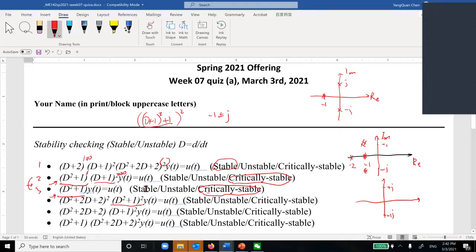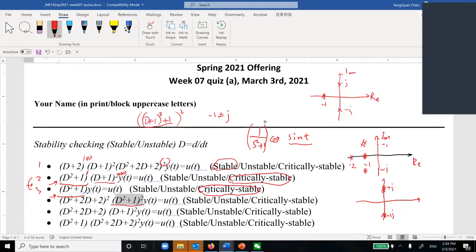Number 4, we have this one. This is a complex conjugate pair on the imaginary axis. You have one pair, but with multiplicity 2 here. That already makes my system unstable. Why? Because you remember, this is linked to sine t. If you have sine t, it is critically stable: it does not blow up and does not go to 0.